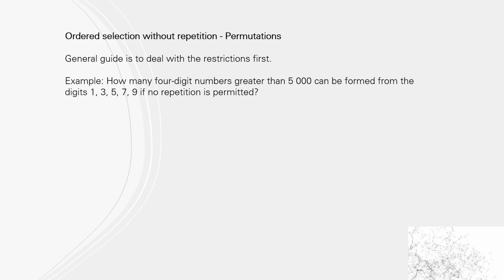No repetition means it could be permutations, and obviously the order is important, because having a 1 first compared to having a 9 first changes the value of the number. And it's got to be greater than 5,000, so that first digit is really important. It can't be a 1 or a 3.